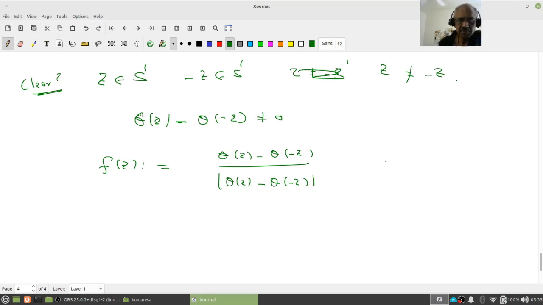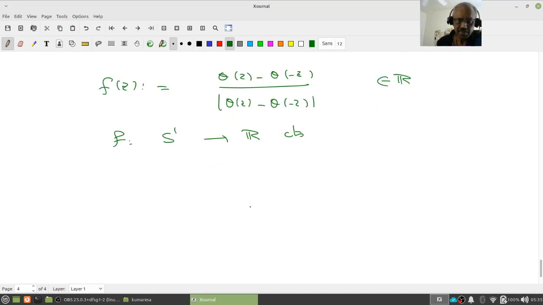This is a real valued function, right? Therefore, f is a function from S1 to R, and it is continuous. Why is it continuous? Because theta is continuous, therefore the numerator is continuous, and the denominator is the modulus of the numerator. The modulus of a continuous function is continuous. It's non-zero, therefore the quotient is continuous. Therefore f is continuous, right?